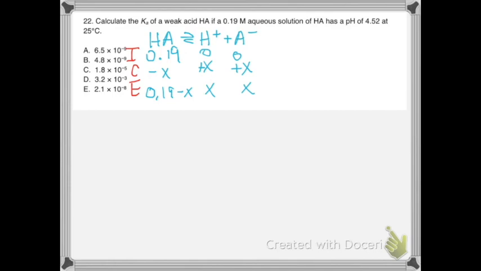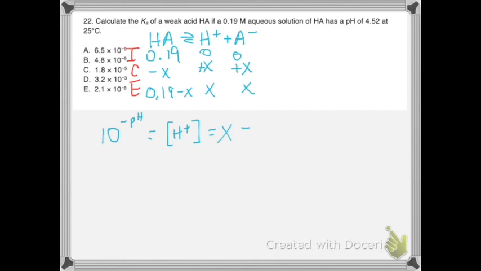Okay, and so now's the time when we usually set up an equilibrium expression and solve for x, but we don't have our equilibrium constant. So we have to get to x a different way. And our link here will be pH, because we know that 10 to the power of the negative pH will be equal to our concentration of H+, which is equal to x.